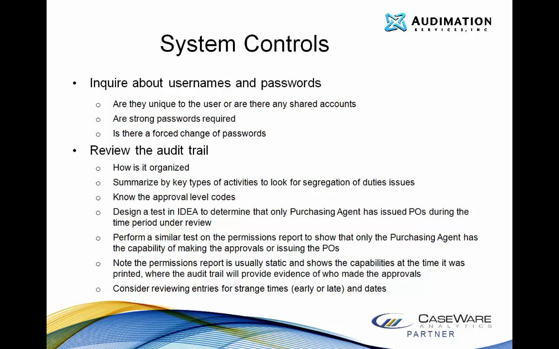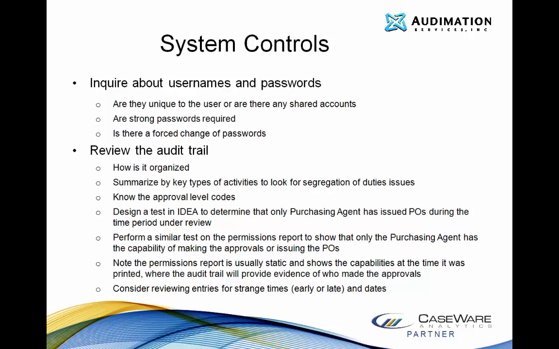So when I get the audit trail, I find it really helpful to summarize it by various types so that I can get an idea. You'd have to look at it and say, what actions or categories, what modules: payables, purchasing, general ledger, accounts receivable, payroll, all those things. Summarize it by activity and then by user so you can see who's getting into what areas, and you're looking at that to see, are there any internal control violations, people in areas where they shouldn't be.